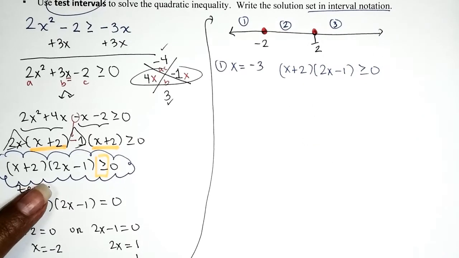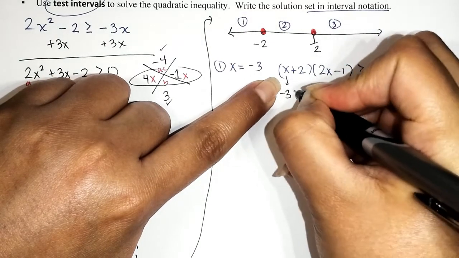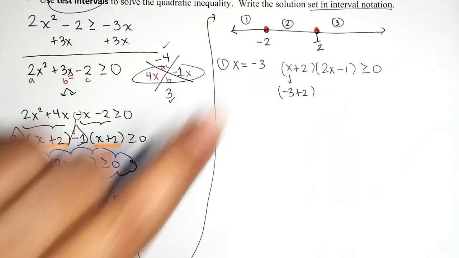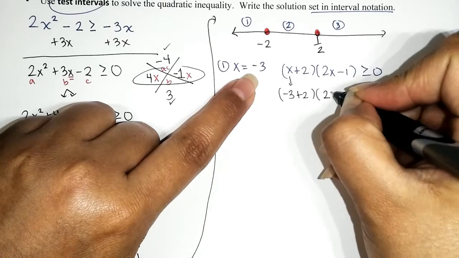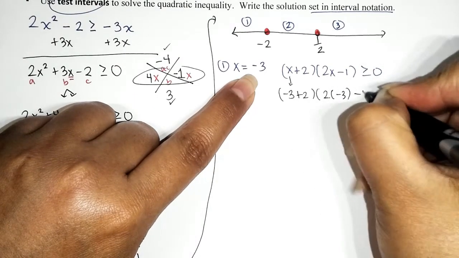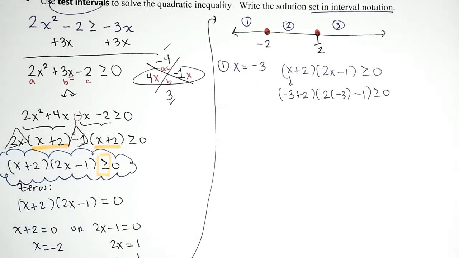So let's see if our test value really works. We have our test value of -3 plus 2, multiplied by 2 times our test value of -3 minus 1. I need to know, is this really greater than or equal to 0?